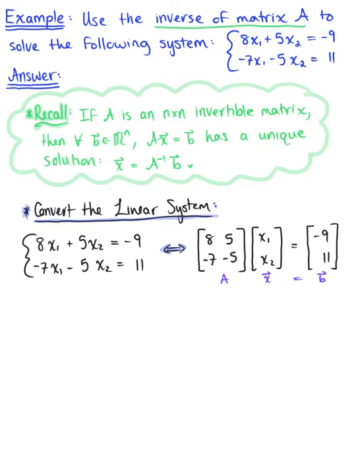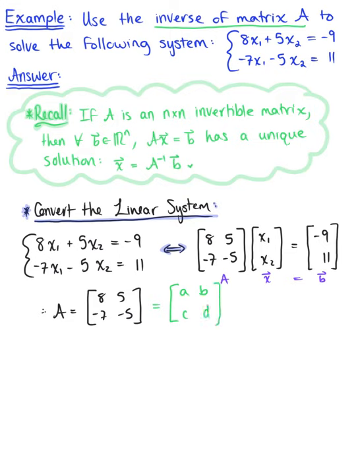So matrix A is a 2 by 2 matrix, again 8, 5, negative 7, negative 5. And we know that we need the inverse of this matrix to solve this system. So let's define these entries. Let this be the 2 by 2 matrix with entries A, B, C, D.